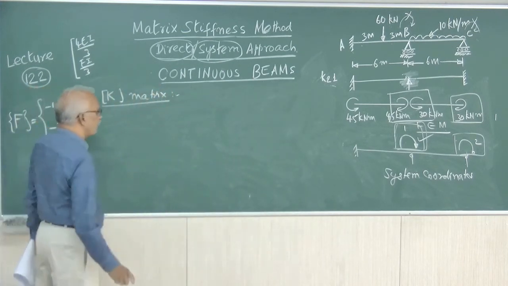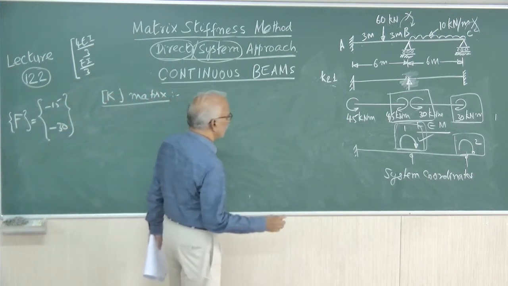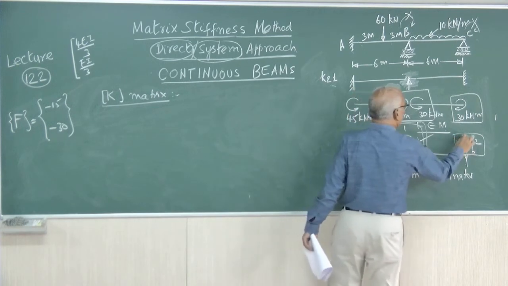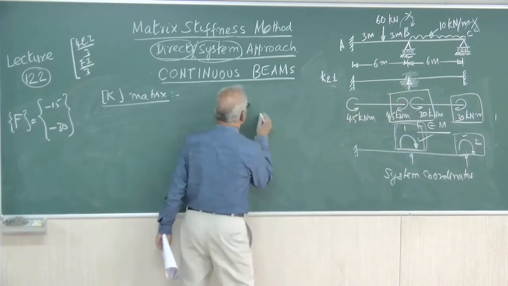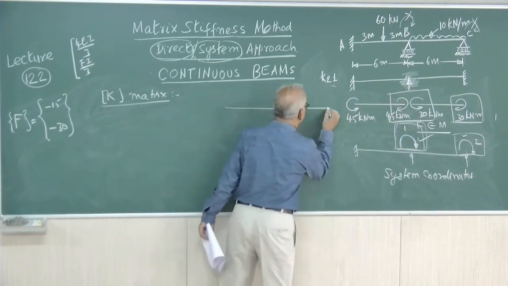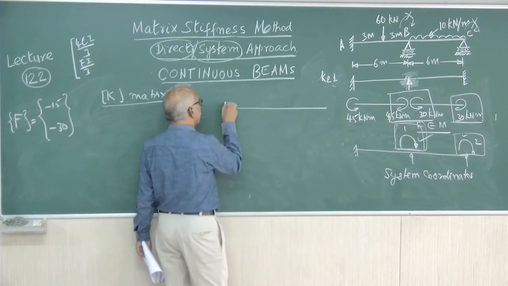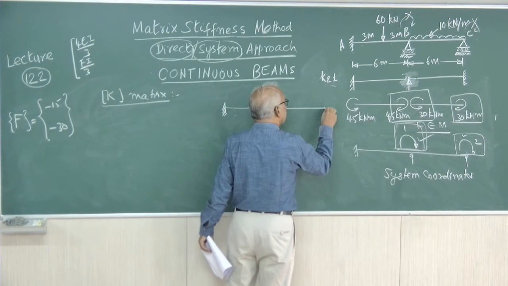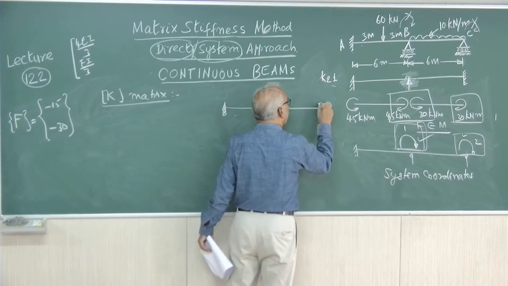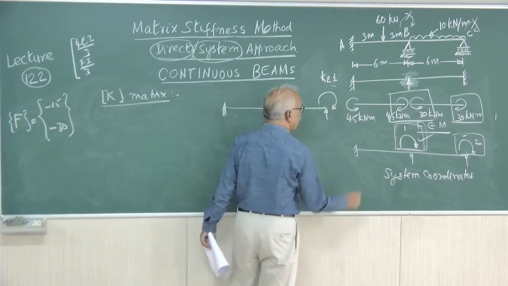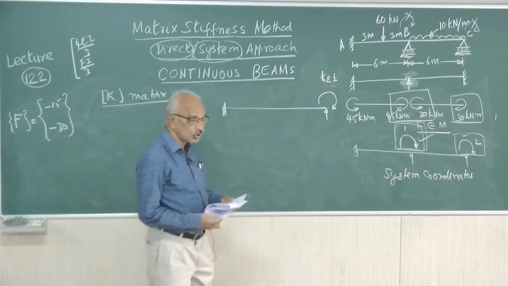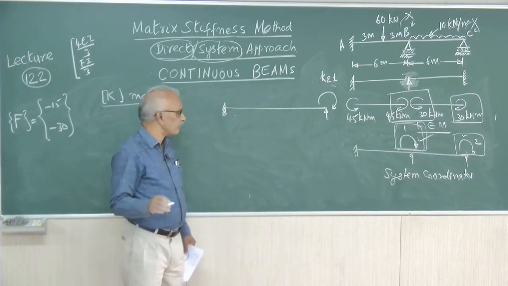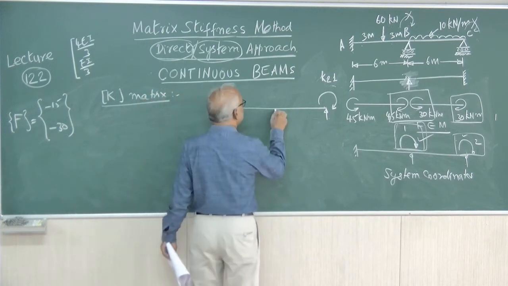Now we have to apply the displacement along coordinate 2. This is the given beam. We are going to apply unit displacement along coordinate 2, and we have to allow only one displacement at a time.